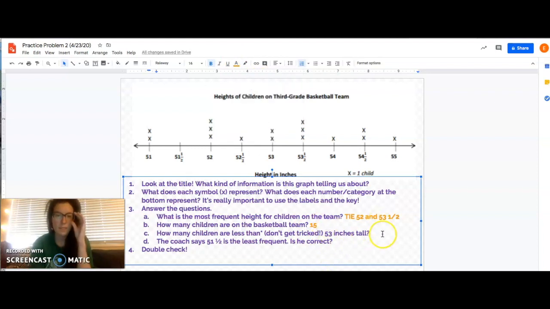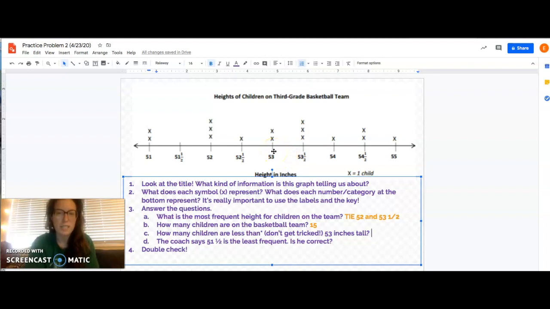All right. How many children are less than 53 inches tall? It says don't get tricked. Why did I put that there? Don't get tricked. If you said it's because we want to make sure that we don't include 53, you're right.